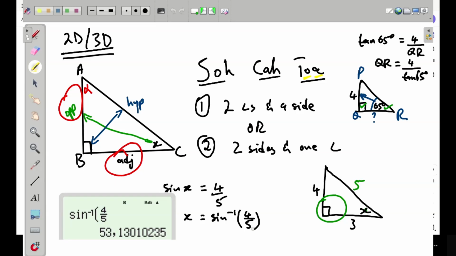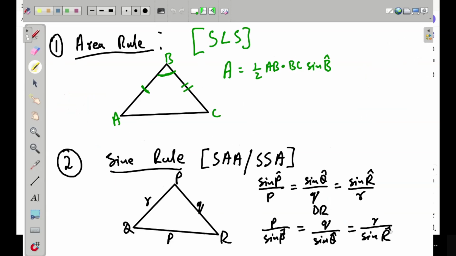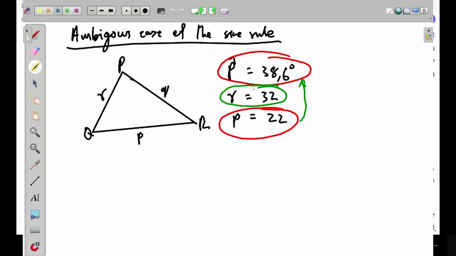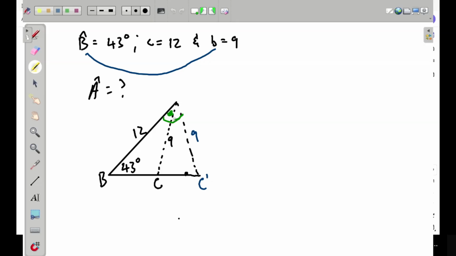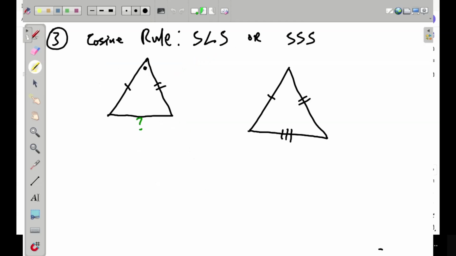You have a right angle triangle, SOHCAHTOA. You've got side, angle, side, area rule. You've got side, angle, angle, or side, side, angle given, you use the sine rule. Otherwise, another option is you can use the cosine rule, and this only happens if you are given a side, angle, side, or a side, side, side.